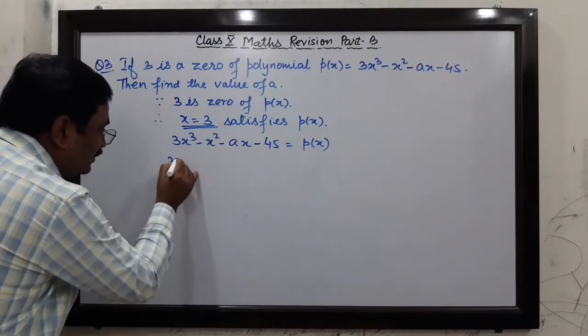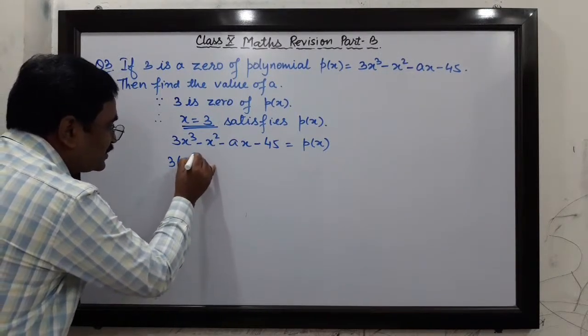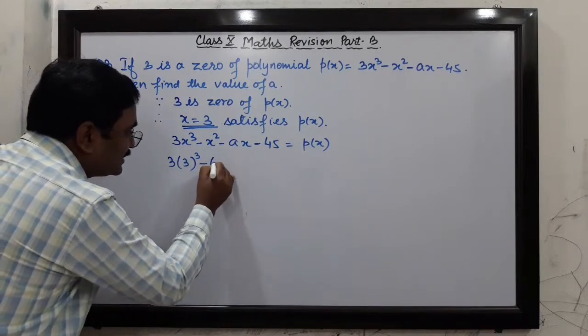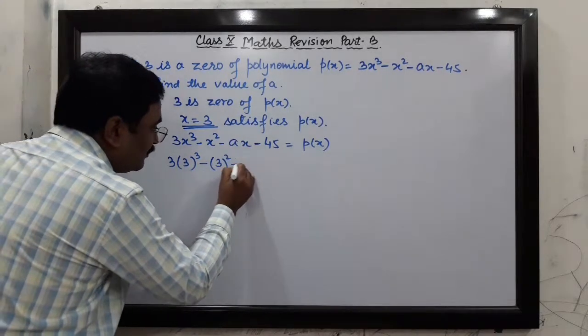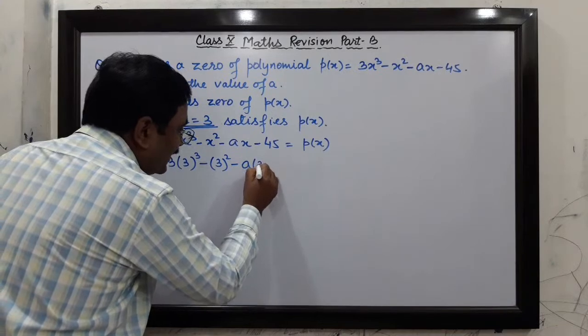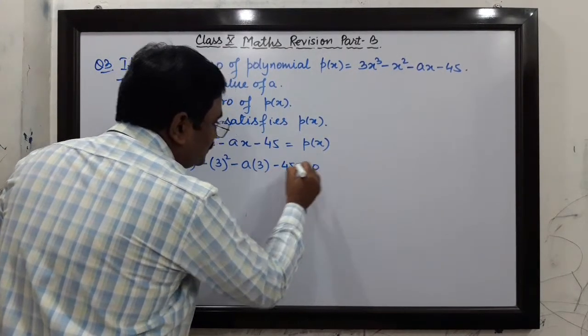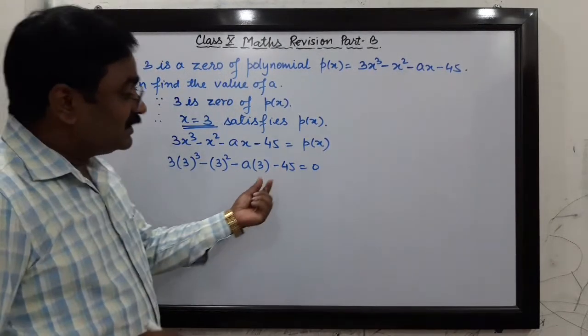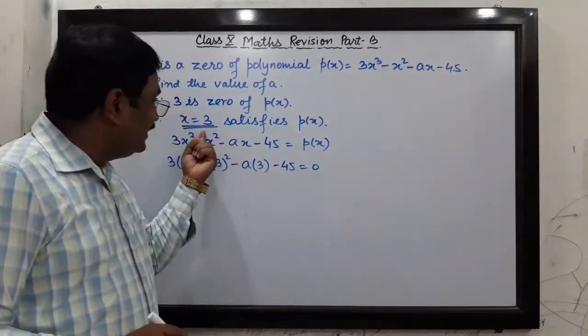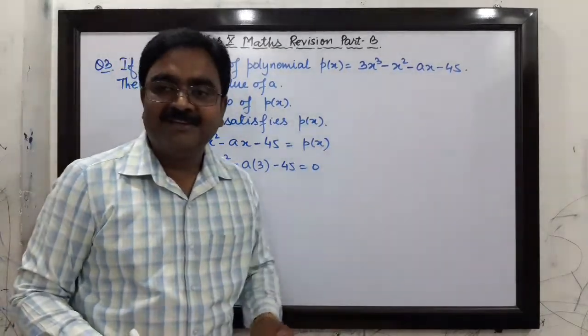So 3 into x cube means 3 cube, minus x square, it means 3 square, minus a into x, that is 3, minus 45 equals 0. This means that this 3 satisfies this polynomial.